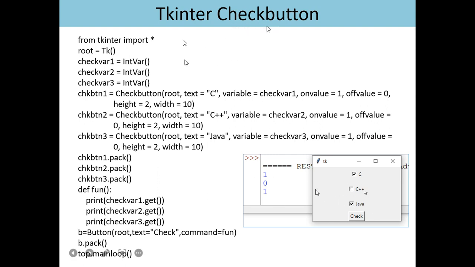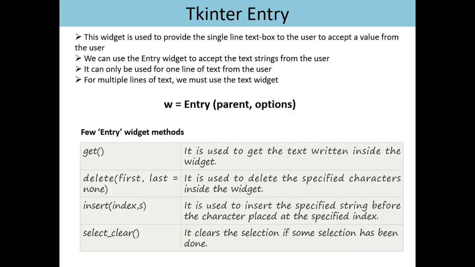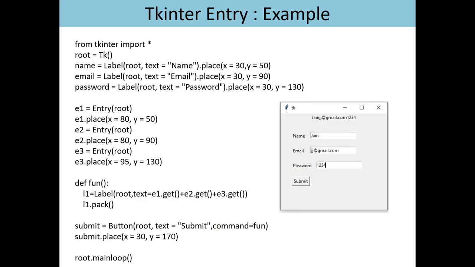How to incorporate this check button? There are some tricks for that. It's not so simple. Then the main part will be to take input. Entry is the widget which we will use to take input from the user. See here, these are the ways you can take input.